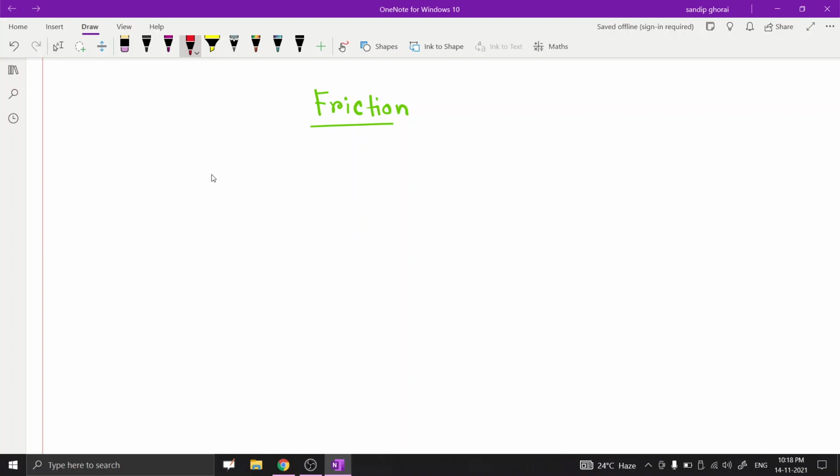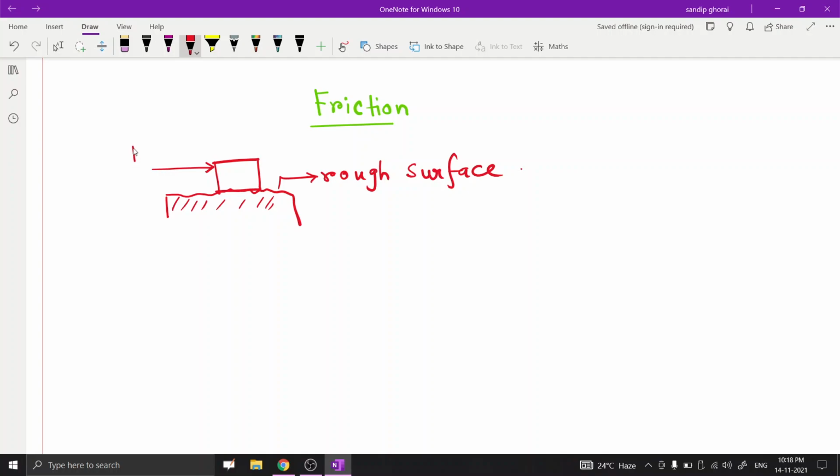body. If we take a body like this placed on a rough surface, and we apply an external force, capital F, on the body whose mass is m, then the body wants to move, or the body is moving.